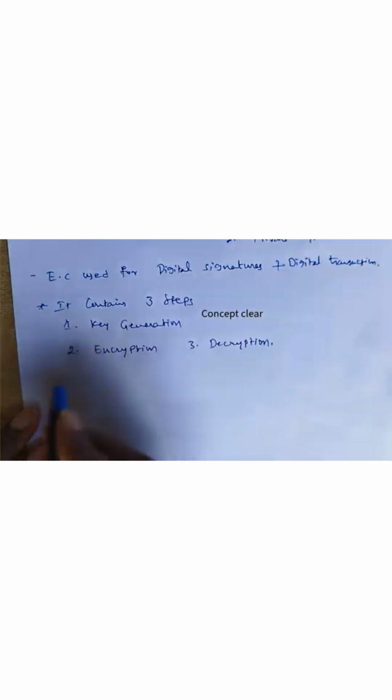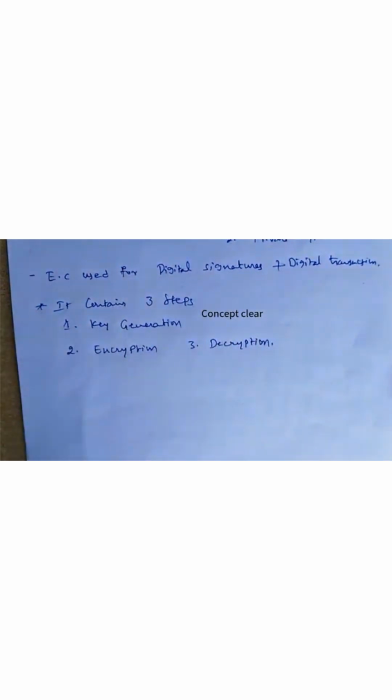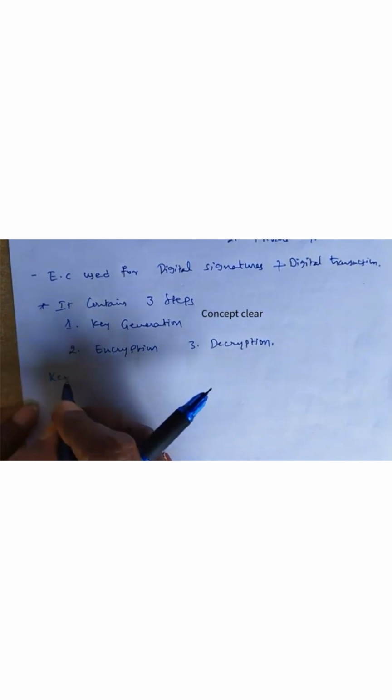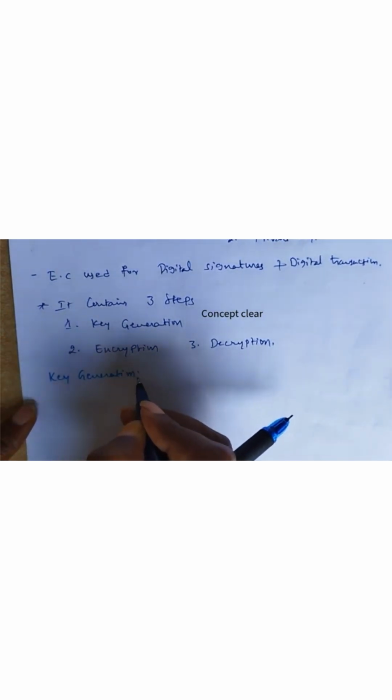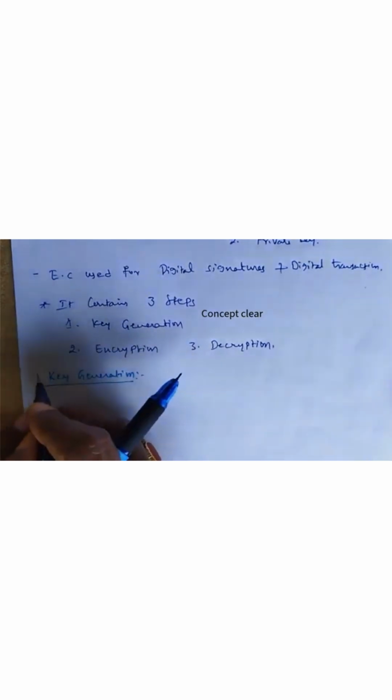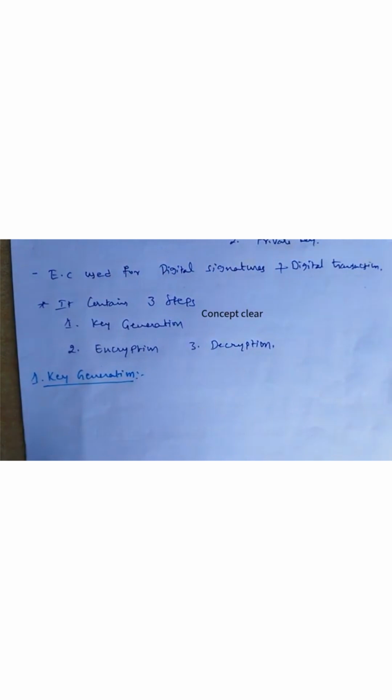Okay, what is the first step? In key generation, we will generate a public key and a private key. In this key generation, we will generate two keys for encryption as well as decryption.